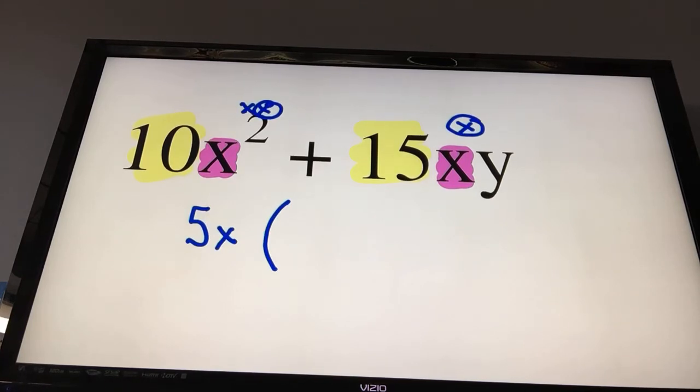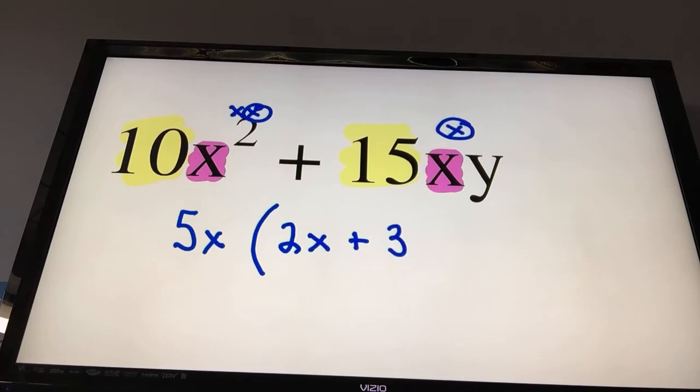And I divide. 5 divided into the 10 is 2. X taken from x to the second. So I took one x out from x squared, leaving me an x. Plus comes down. 5 divided into 15 is 3. X from x is gone. Bring my y down.